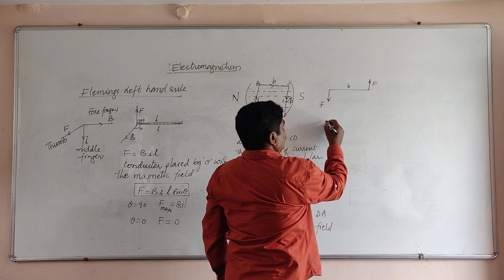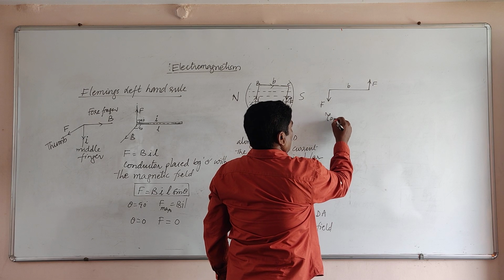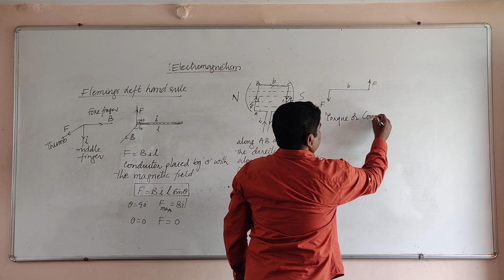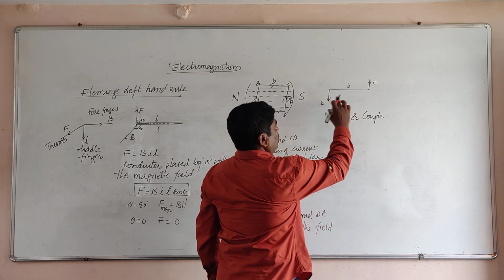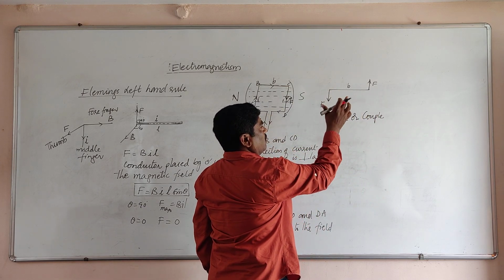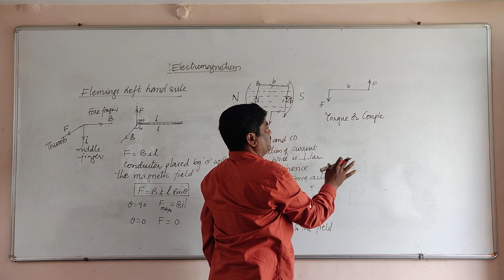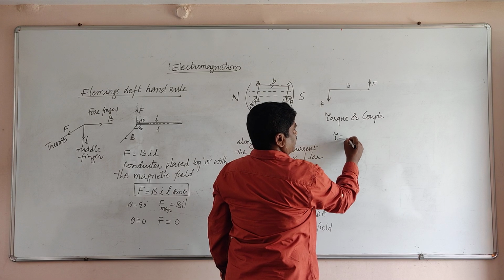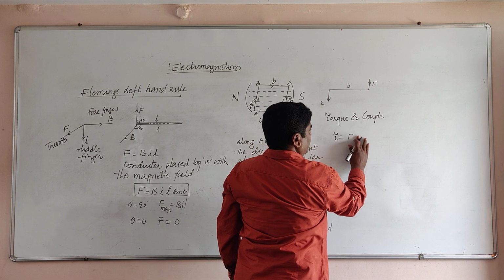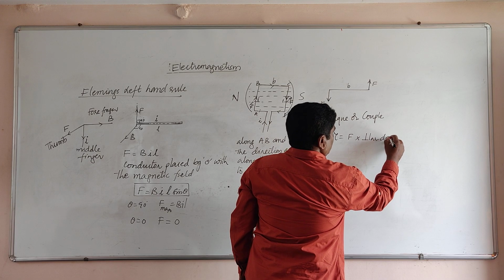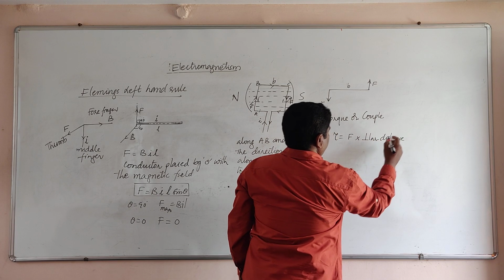This is B. So the torque, or couple, is acting on this rectangular coil. Couple is nothing but a pair of forces. So this torque is nothing but force into the perpendicular distance.